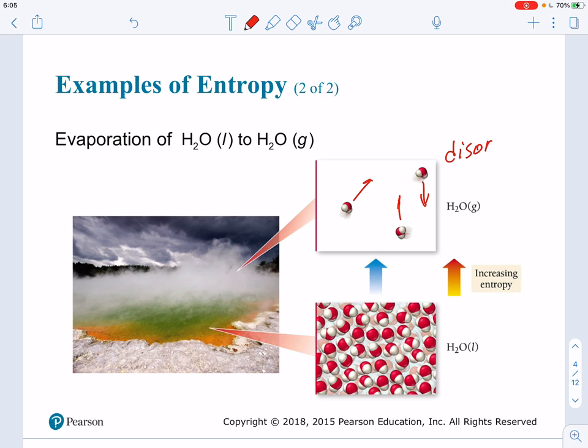It's a more disorganized state. Okay, you have more ways to dissipate energy.